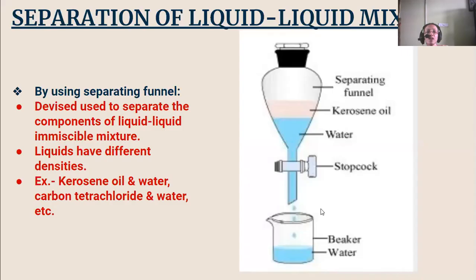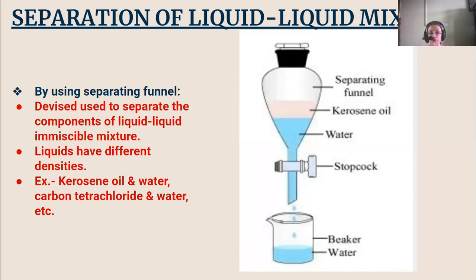Next, we come to the liquid-liquid mixture. The first process of separation is using a separating funnel. The separating funnel has a stopcock attached to it, and a beaker is placed just below it.